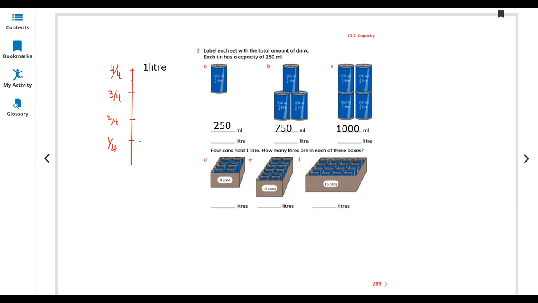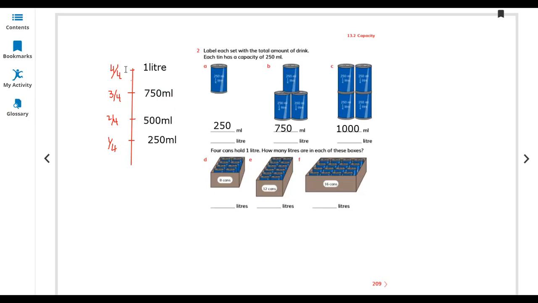It means this here, this 250 milliliters. It's 500 milliliters. This is 750 milliliters. We are just following these lines and we can easily write it.